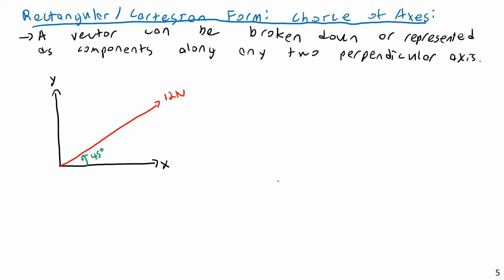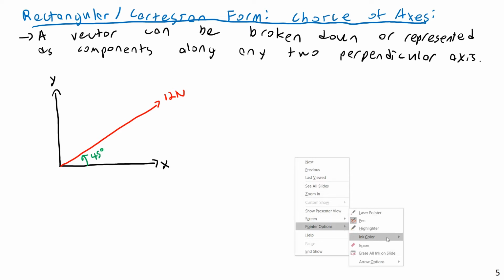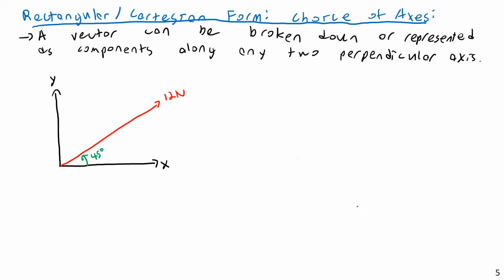45 degrees above the positive x-axis. Now, if I wanted to represent that in the x and y vector system, that'd be fairly straightforward. Components along xy axes.